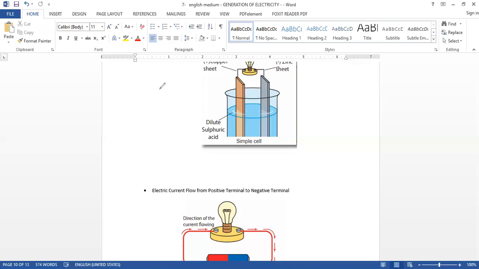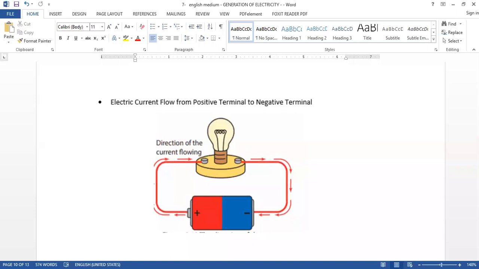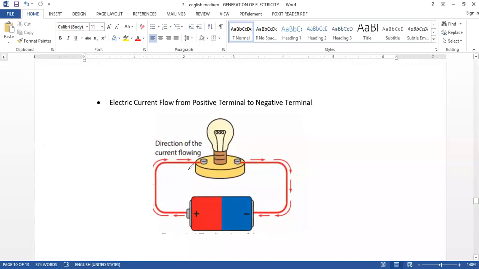The electric current flow, we already discussed this one yesterday, and in the last class also. Electric current flows from positive terminal to negative terminal. If, for example, can you tell me what this is? It's a dry cell.